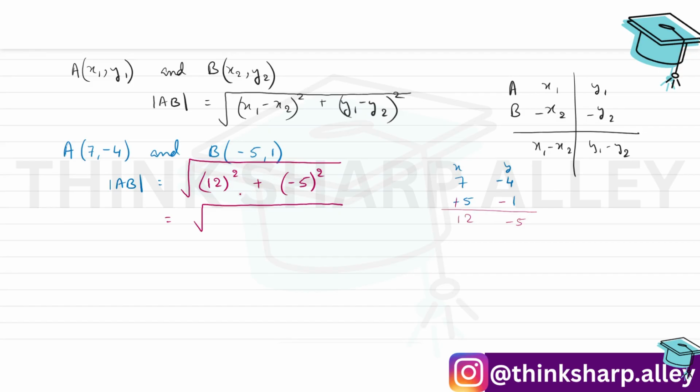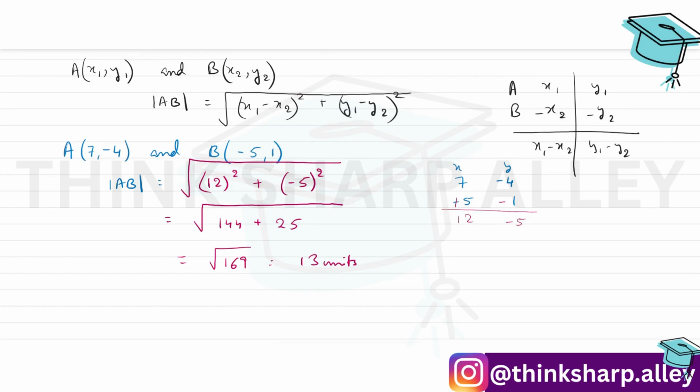Do not do that. The square root operation doesn't work like that. We have to figure out 12 squared, that's 144, plus (-5) squared, which is 25. 144 plus 25 is 169, and the square root of that is 13 units. So you see, it's very simple.